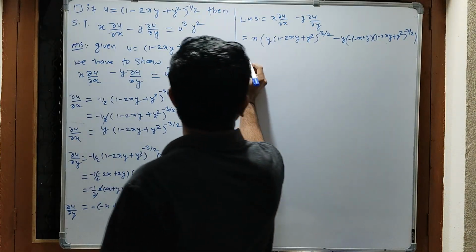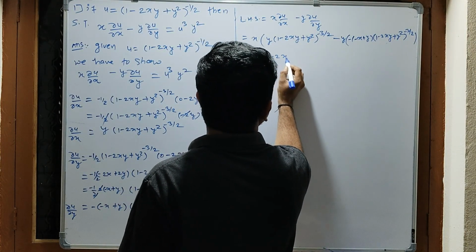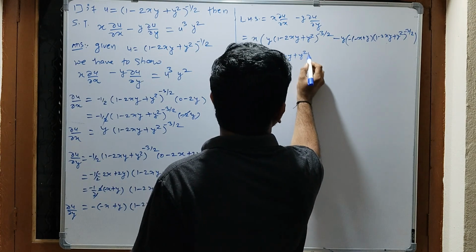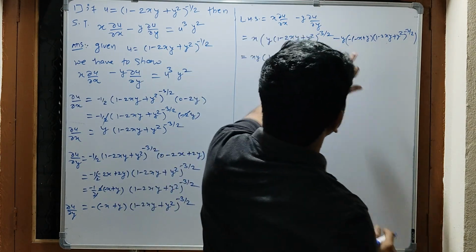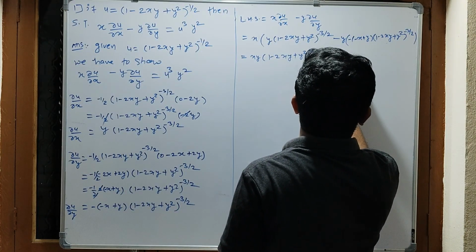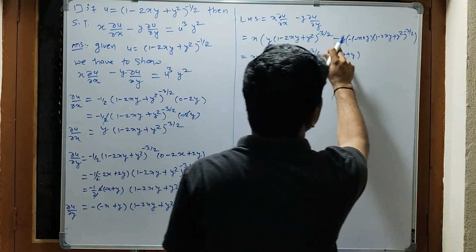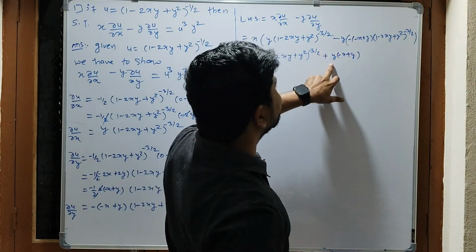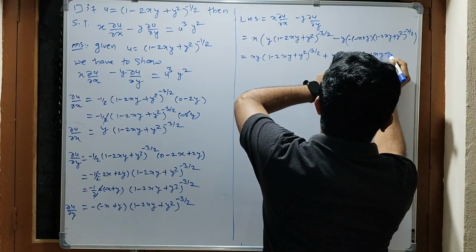Which is equal to, just multiplying, xy times (1 minus 2xy plus y square) to the power minus 3 by 2, and minus into minus is plus, so plus y times (minus x plus y), times (1 minus 2xy plus y square) to the power minus 3 by 2.